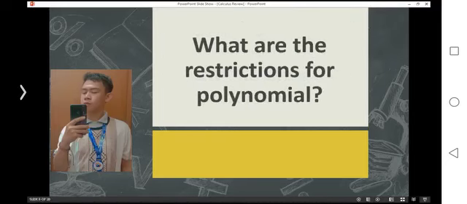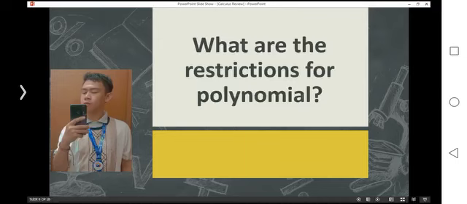Next, what are the restrictions for polynomials? So we have some restrictions for polynomials. First, variable must be positive. So variable must not be negative, must not be 0.